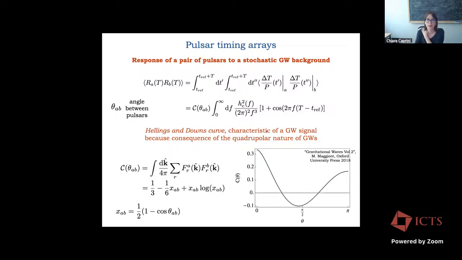So it is characteristic of a gravitational wave signal, this particular dependence of the correlation on the angle between the two pulsars. It is characteristic of a gravitational wave signal because it is a consequence of the quadrupolar nature of the gravitational waves.